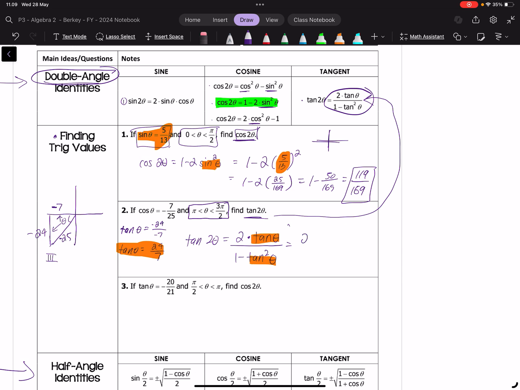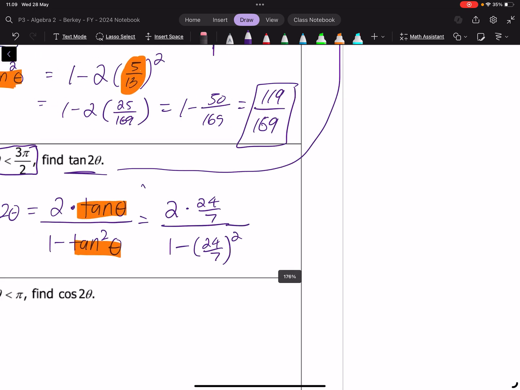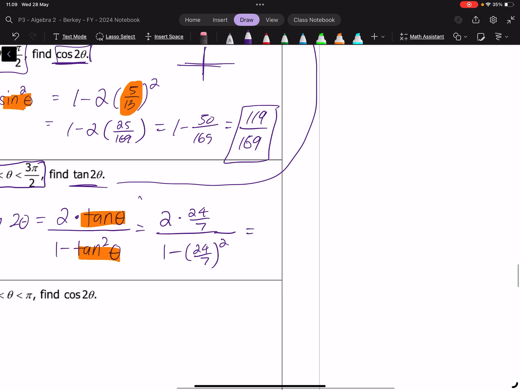So this becomes 2 times 24 over 7 divided by 1 minus 24 over 7 squared. And then this becomes a big arithmetic problem where you're just multiplying things out. So the top is 48 over 7. The bottom simplifies to 1 minus 576 over 49.